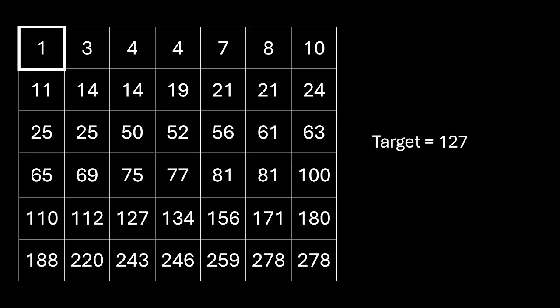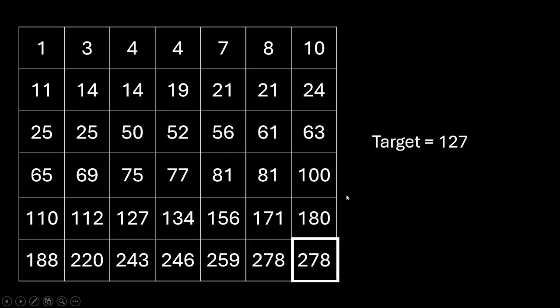No. Why? Because the problem here is all the elements on the right side of this are greater. That is fine. But all the elements to its bottom are greater too. It's again greater than 1, right? Even to the right it is greater, even to the bottom it's greater. So we can't use this position.